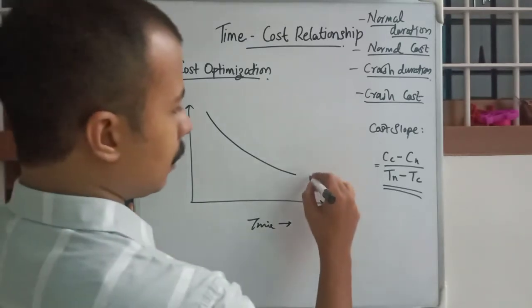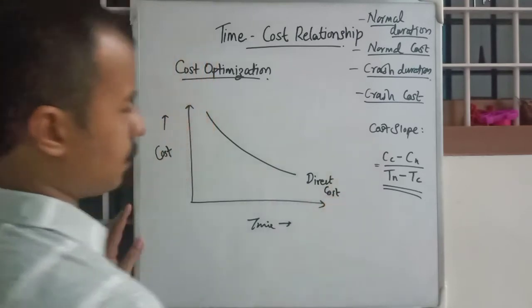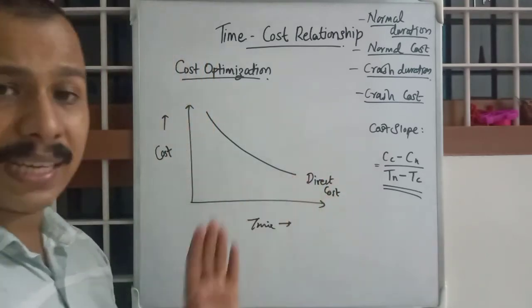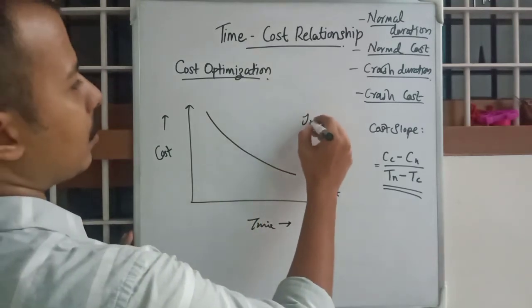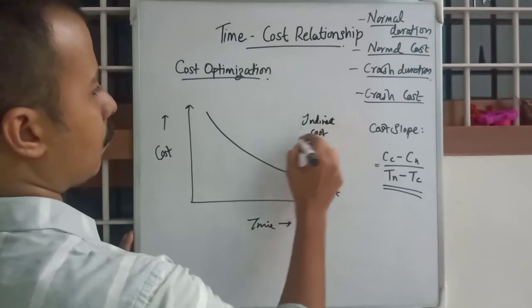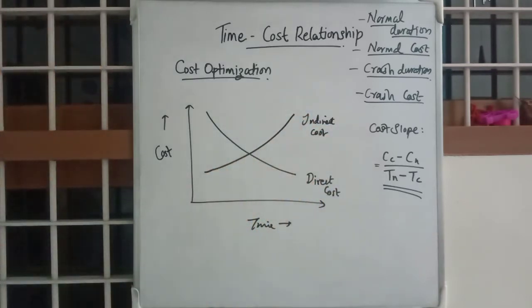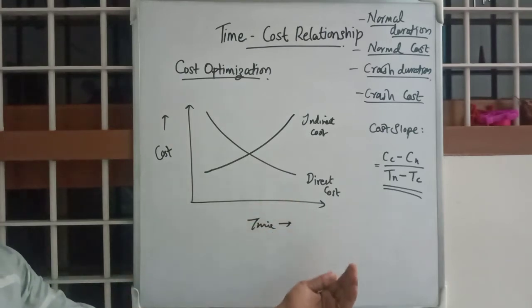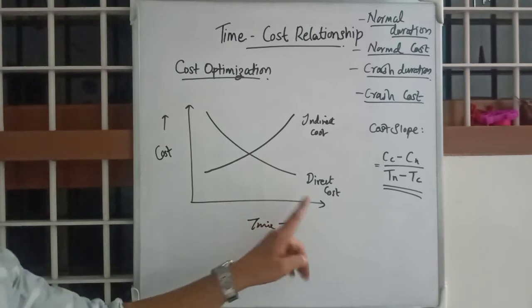This will be direct cost. It will be decreasing with increasing time. But in case of indirect cost, this will be something like this. It will be decreasing with decreasing time, quite opposite to direct cost.